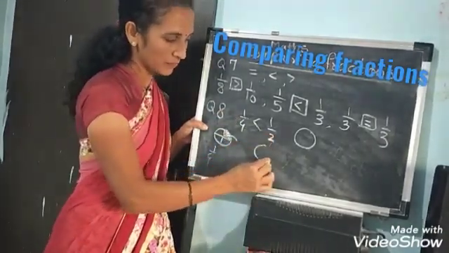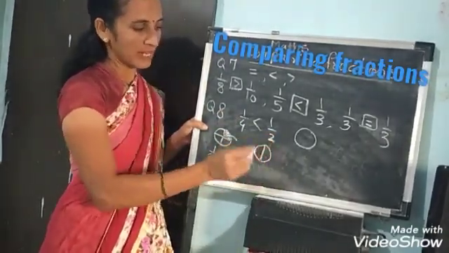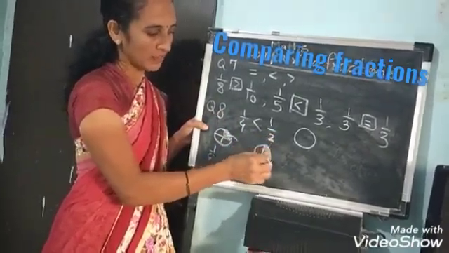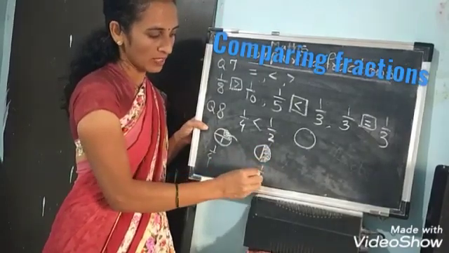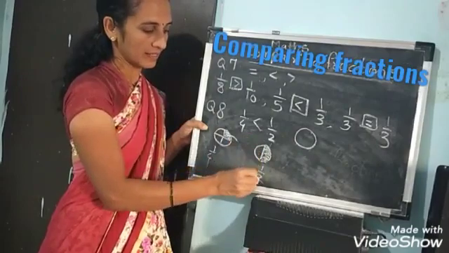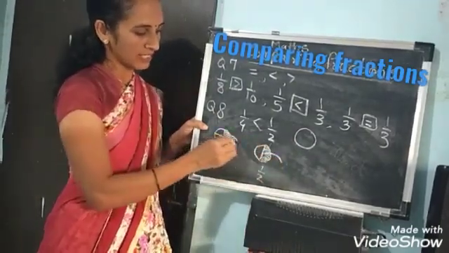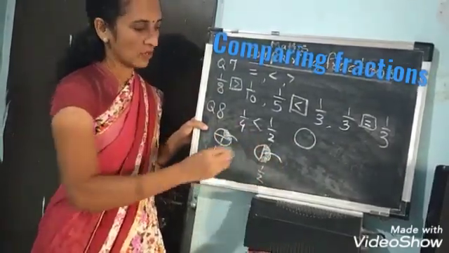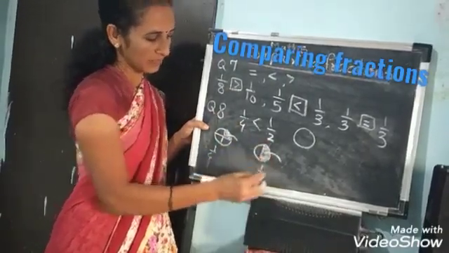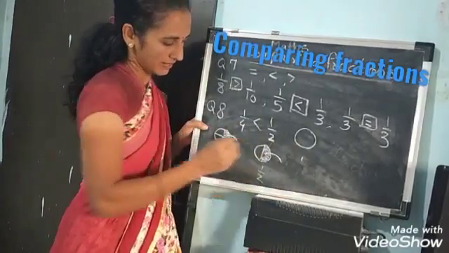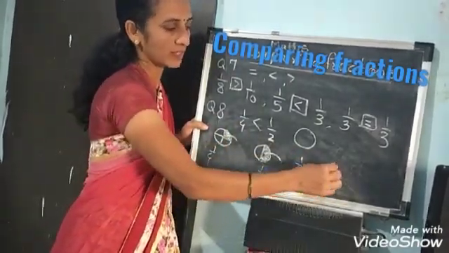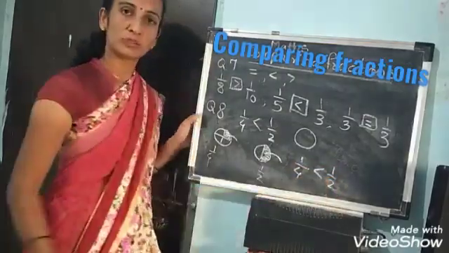And the same fruit, make two equal parts and select one part. It is 1 upon 2. Out of two equal parts, one part is shaded. Now ask him which shade is bigger. Of course, this is bigger. See the shaded part, it is bigger, and this one is smaller. Therefore, we can say 1 upon 4 is smaller than 1 upon 2.